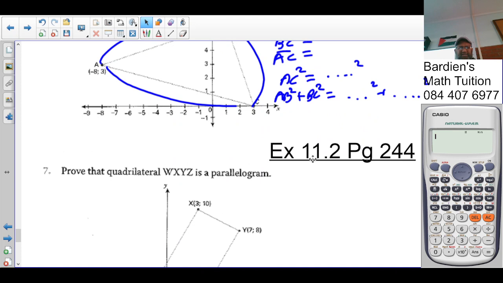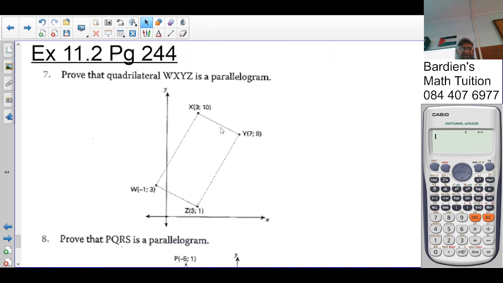If you look at number 7. In question 7 it says prove that the quadrilateral is a parallelogram. So what's a quadrilateral? A four-sided figure. Prove that the quadrilateral WXYZ is a parallelogram. So what are the properties of a parallelogram? There's 4.